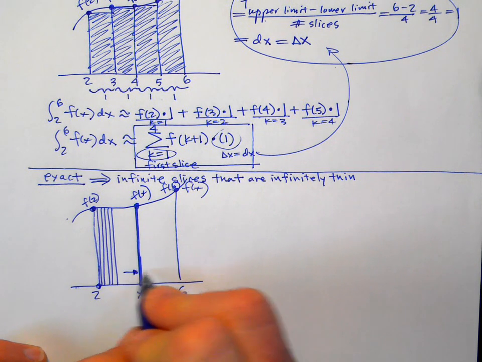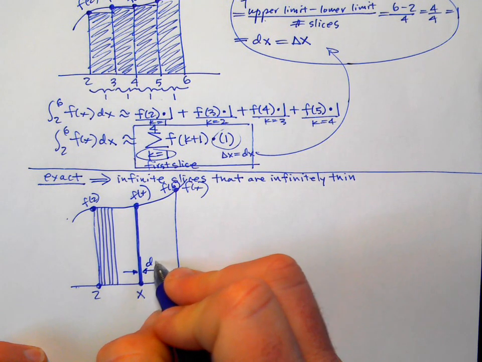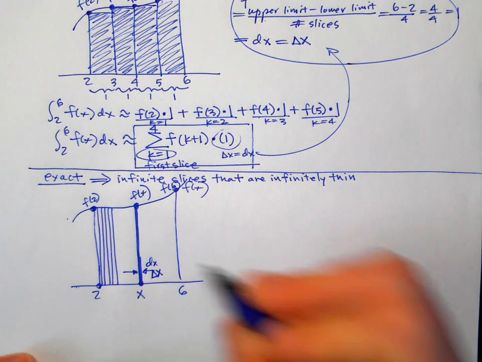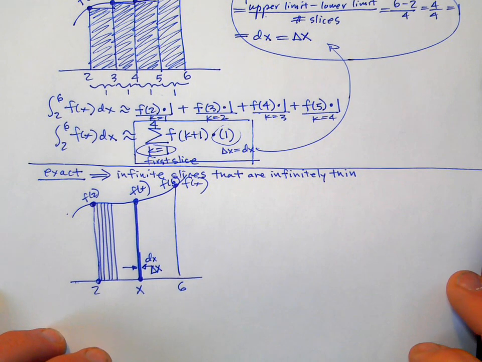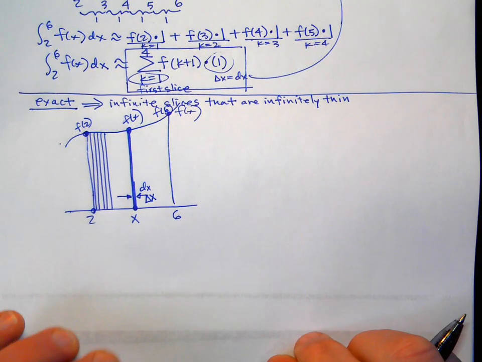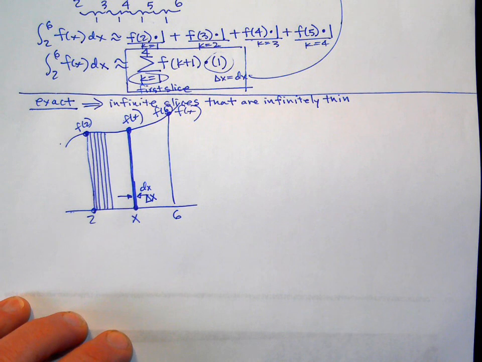The thickness of the slice is now what we usually refer to as dx, or delta x is a common way of referring to it in these kind of problems. So, let's see.